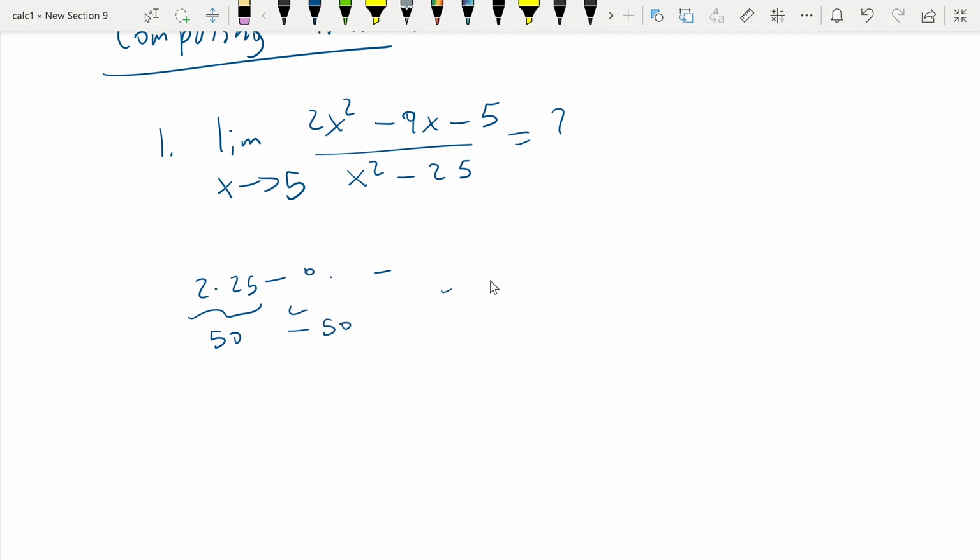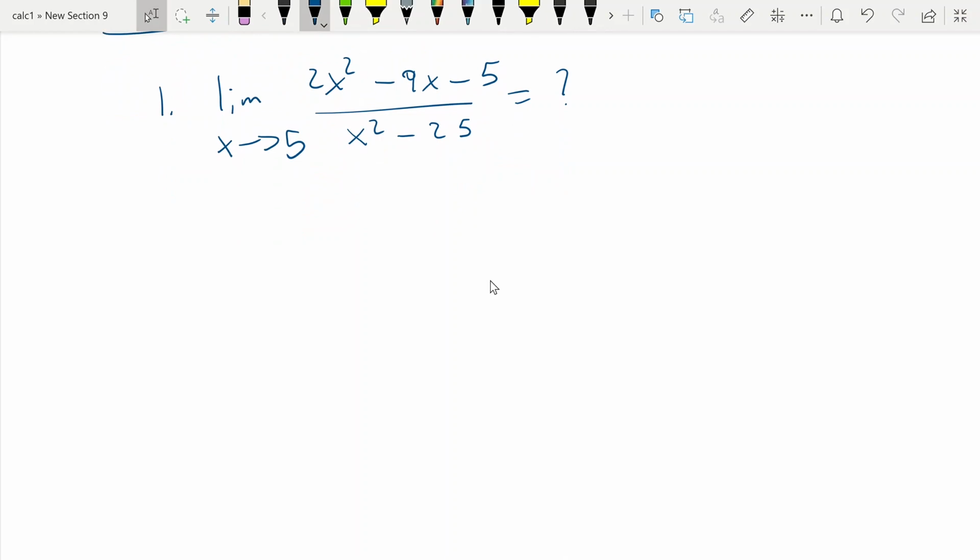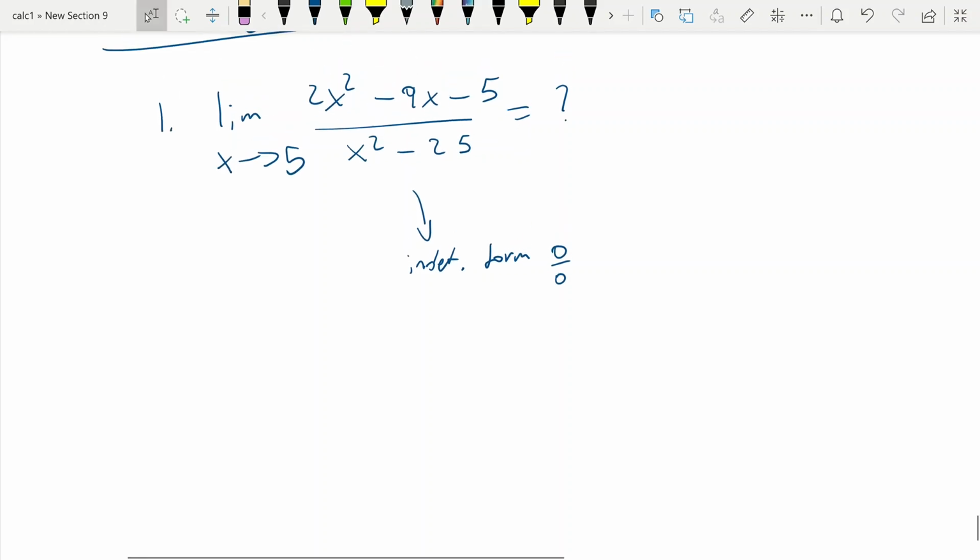So this is an indeterminate form, 0 over 0, so we cannot just proceed by substitution, and we need to do some algebraic manipulations.